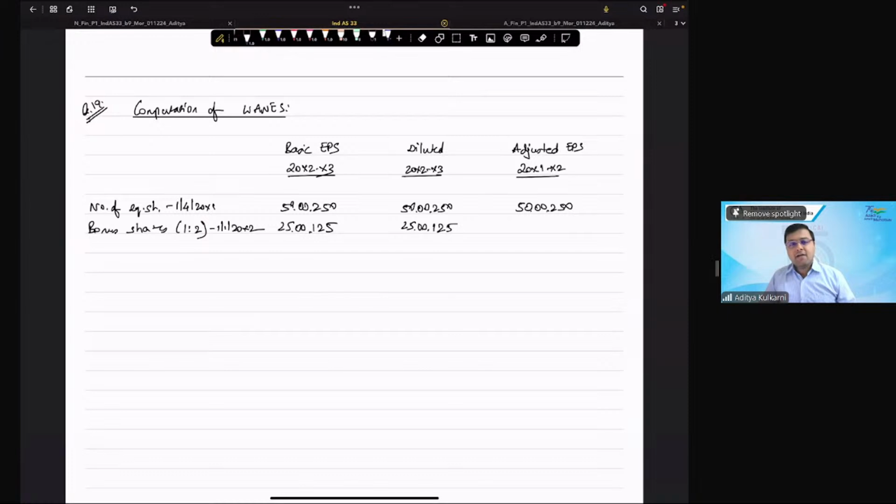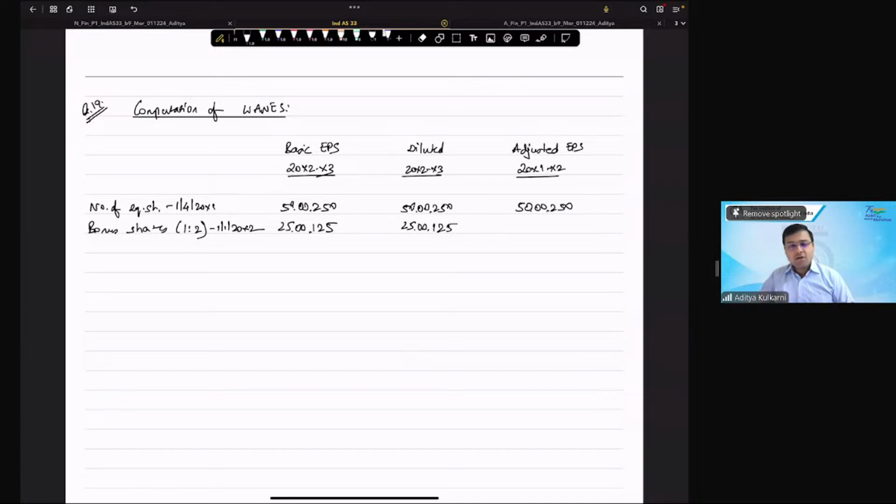Bolo, yesterday we studied bonus. What do I assume about bonus? They are present in the capital structure since when? Since the beginning of the earliest period. मतलब मेरे comparative period जो है उसका opening से it is always present in the capital structure.